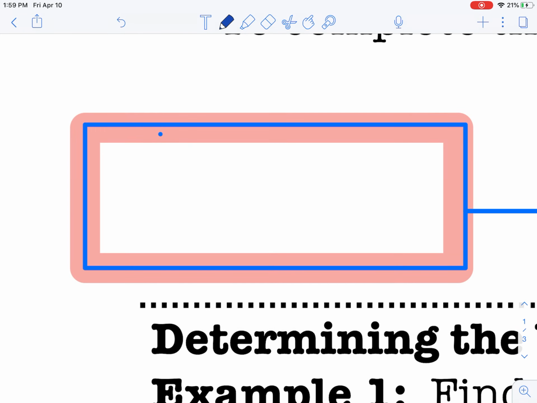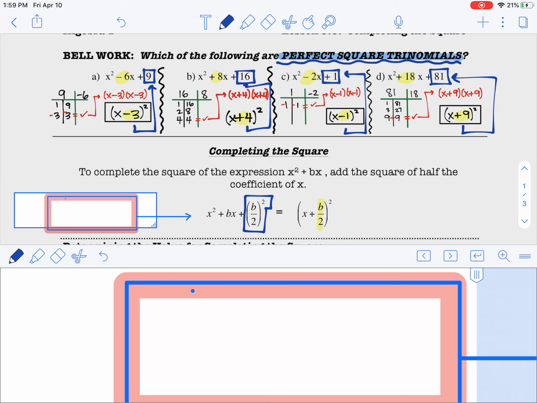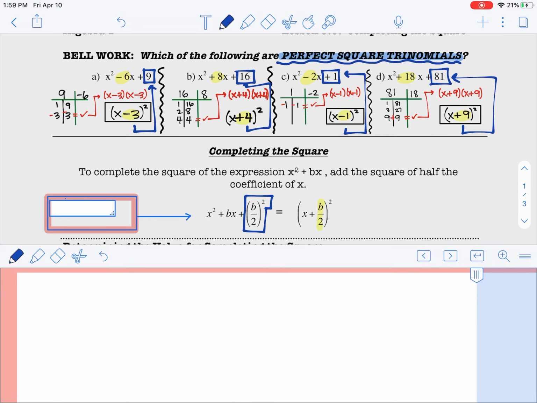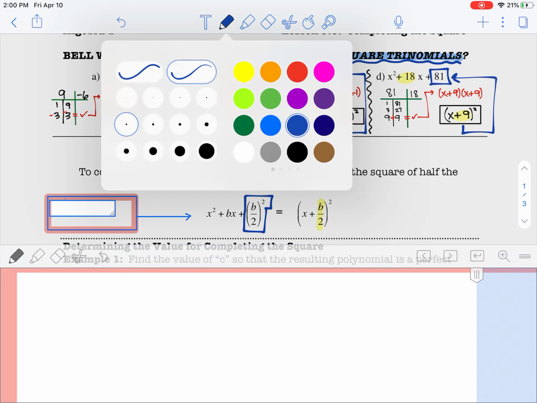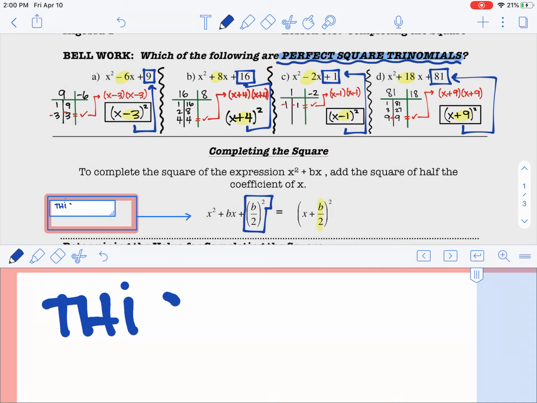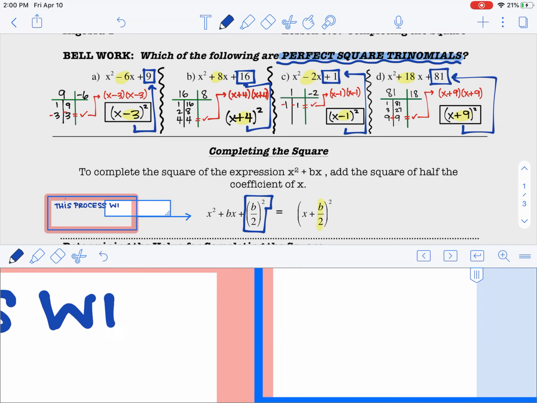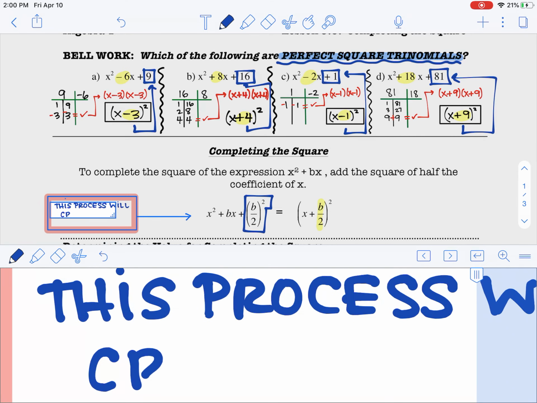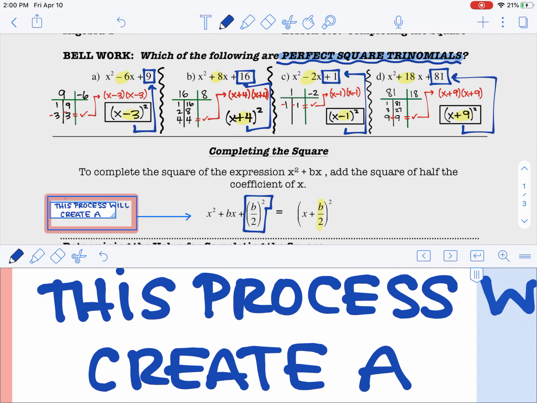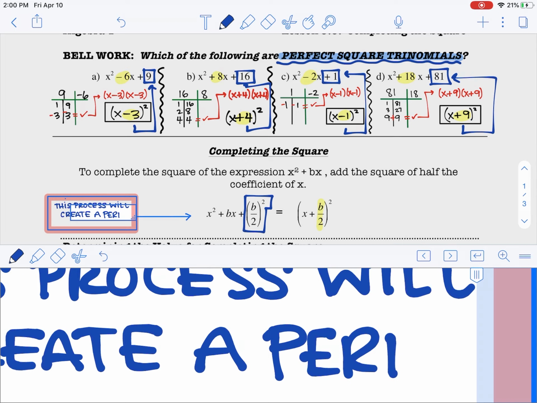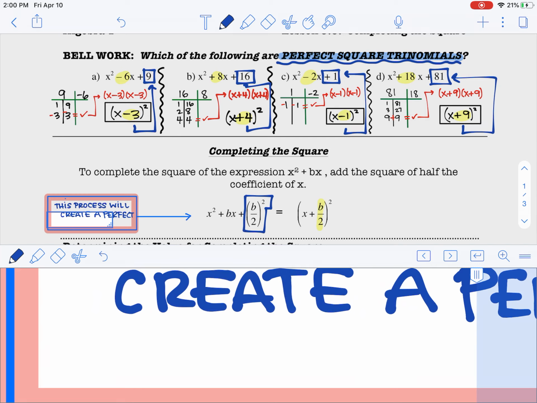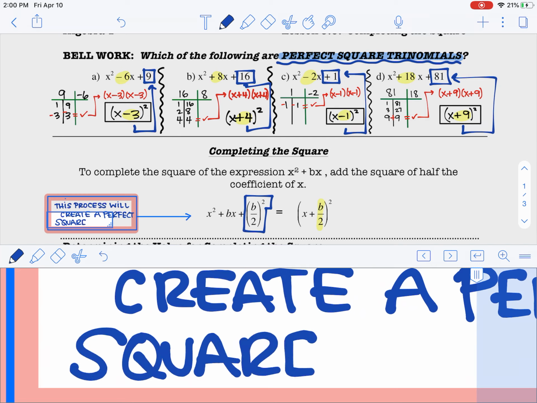All right, so here in this box, we're going to write in that this process will create a perfect square trinomial.